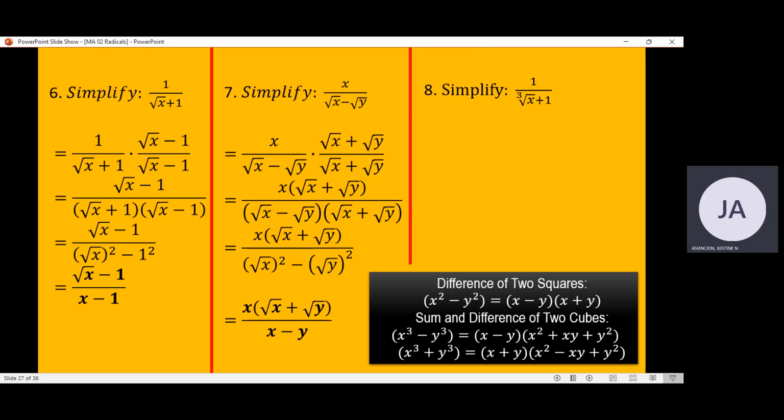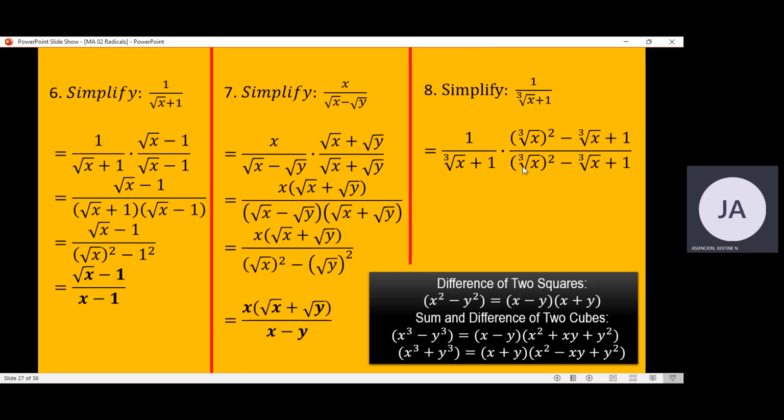So let's multiply the cube root of x squared minus the cube root of x plus 1. Again, be familiar with the form of the sum and difference of two cubes, so that we can use that in rationalizing our expression, in multiplying on both the numerator and the denominator.